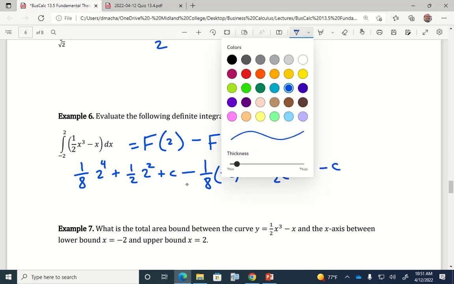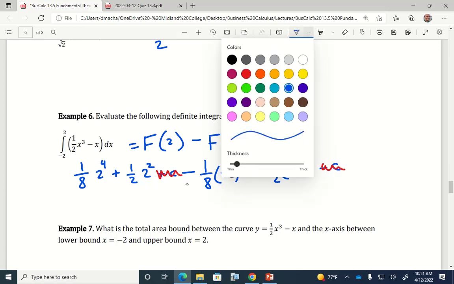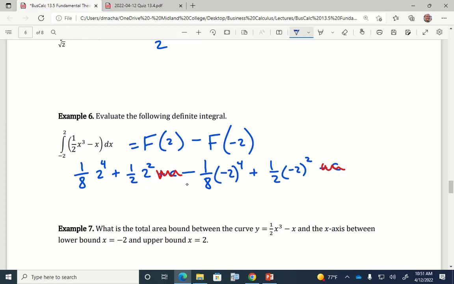Of course, the c's cancel each other out, so I don't need the plus c. 1/8 of 16 is 2. A half of 4 is 2. Negative 2 to the 4th power is like 2 to the 4th power. It's like 16, so that's like minus 2.